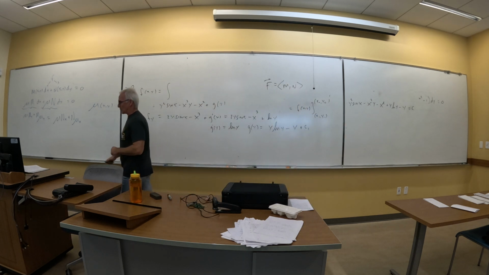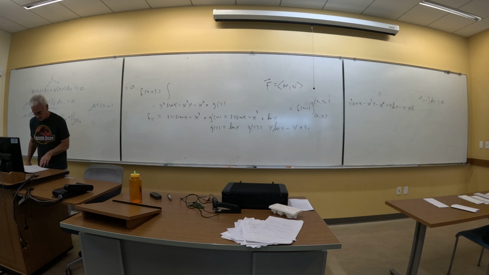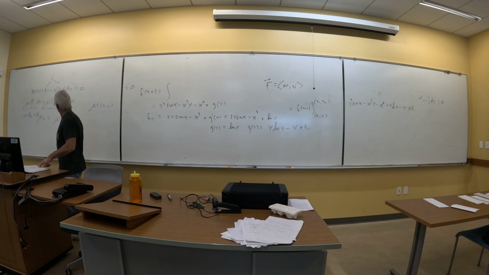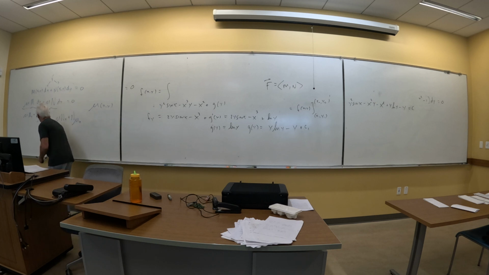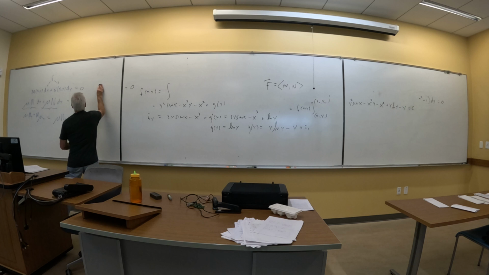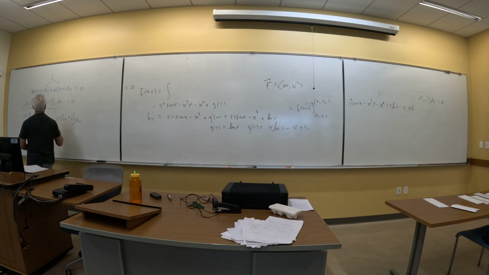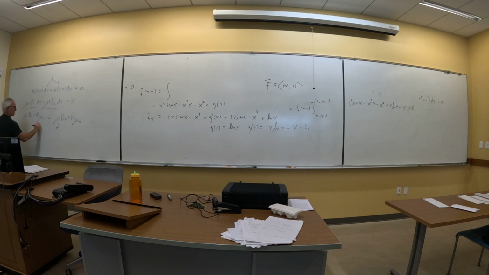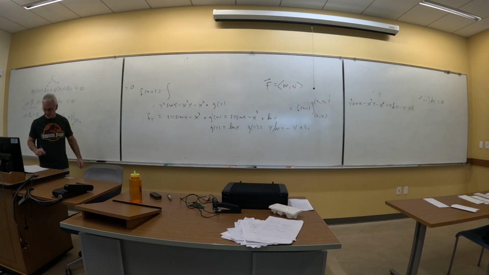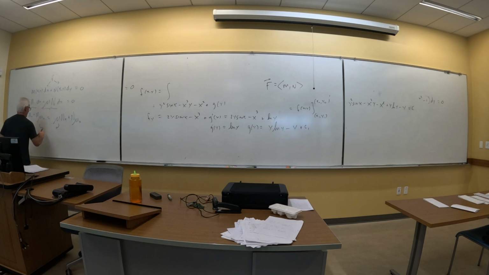So I have this now. I want to make sure I wrote all this correctly. I want to group terms now. Okay, I want to put the mu's together. I think the author actually did it the other way around.